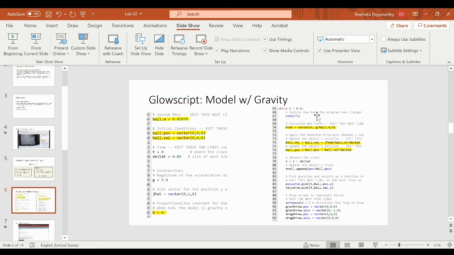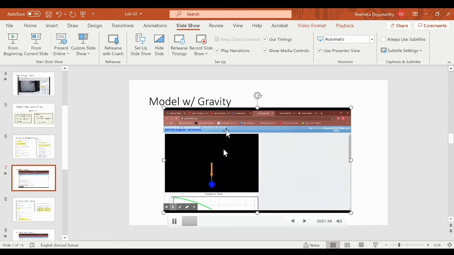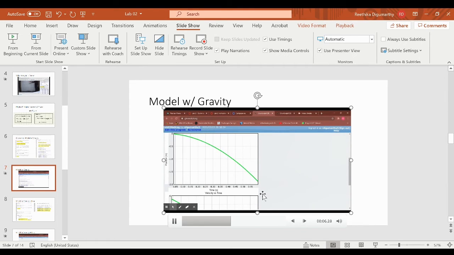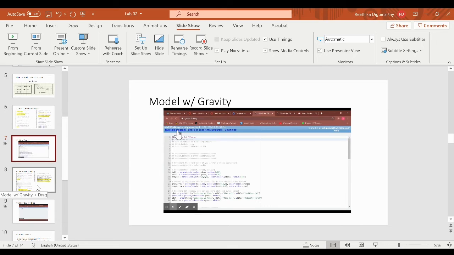I use this while loop to update the velocity based on the net force and update the position based on velocity. When I run that in GlowScript, I get the motion of the object, and the position versus time graph is curved downward, and the velocity versus time graph is linear because the net force is constant.